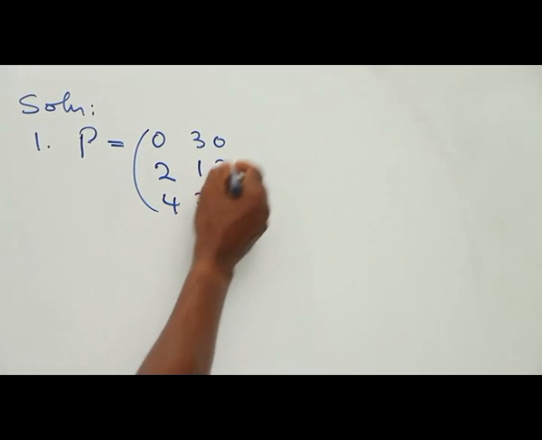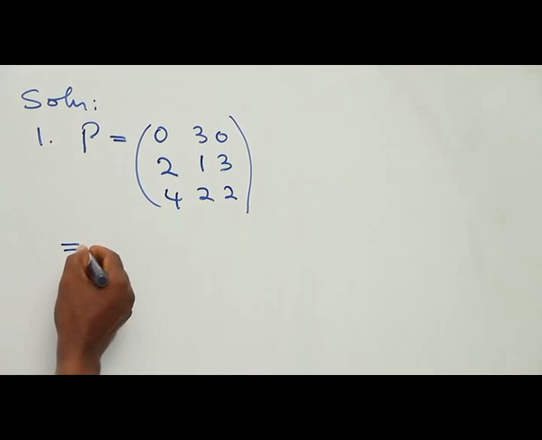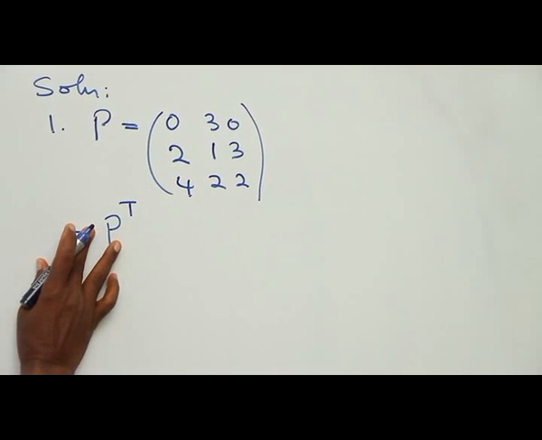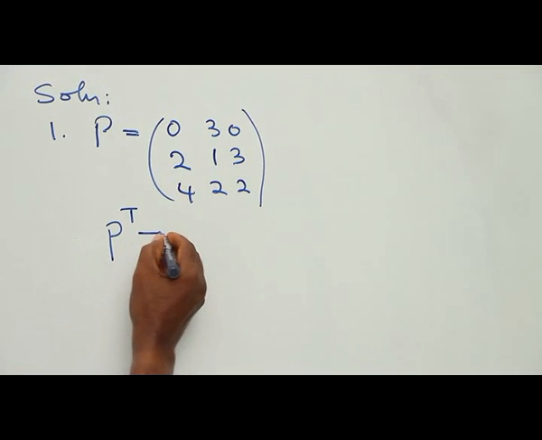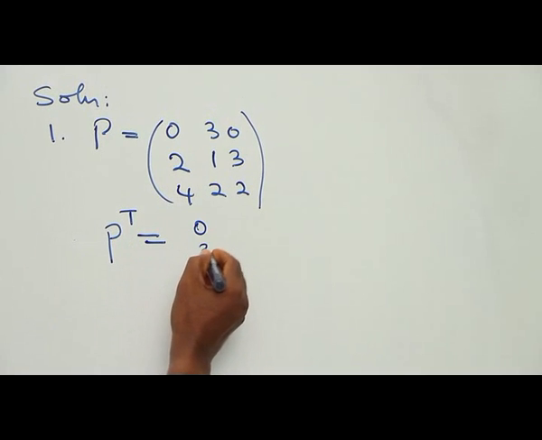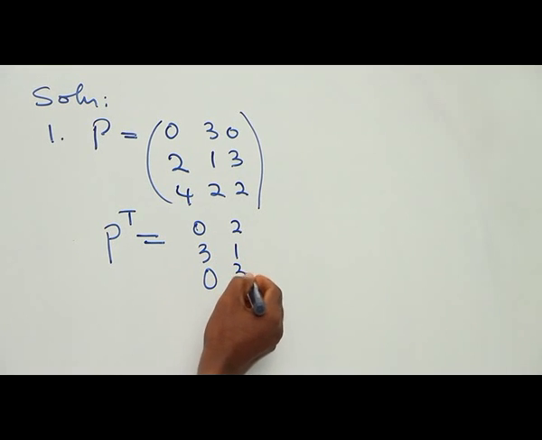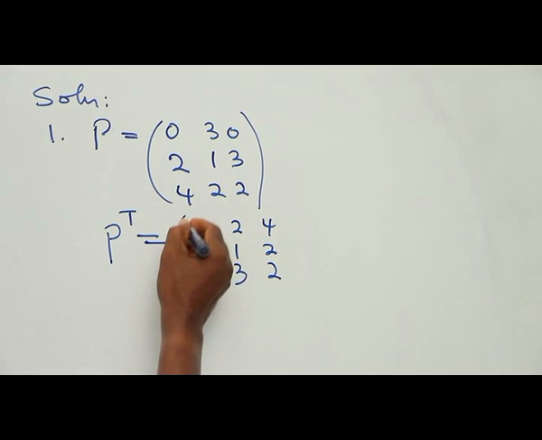This is the matrix P, and then we can find the transpose of the matrix P, and the transpose of the matrix P will be 0, 3, 0, 2, 1, 3, 4, 2, 2.